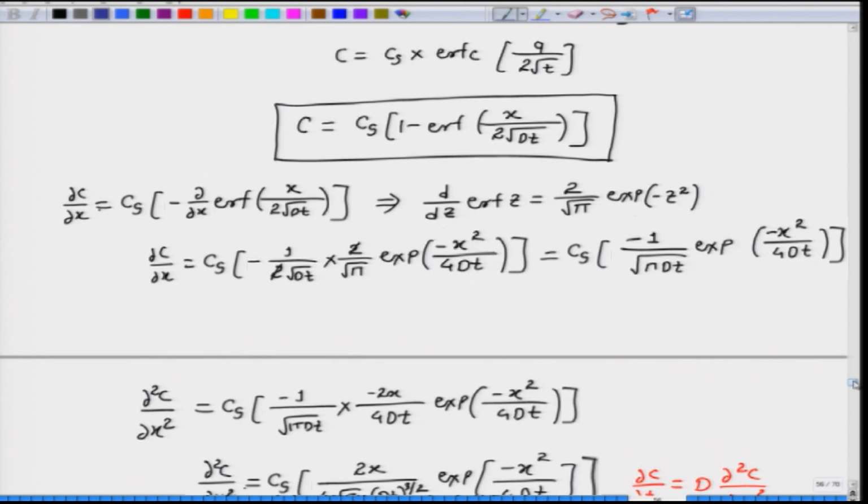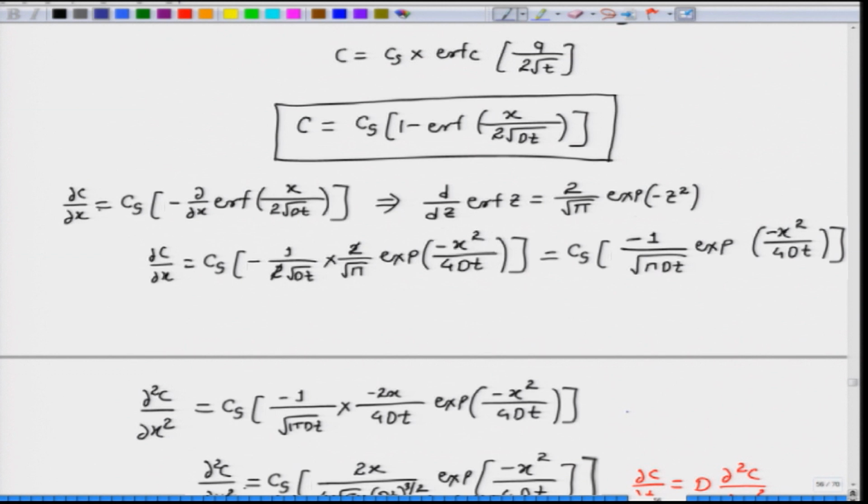Now, again if we look at the solution carefully, c = Cs (1 − erf(x / 2√(Dt))). On the right hand side, Cs is constant and D is also constant. So, the concentration is a function of x over root t.